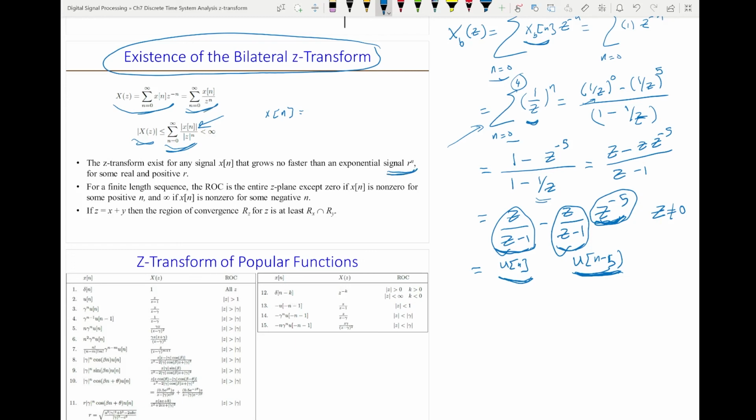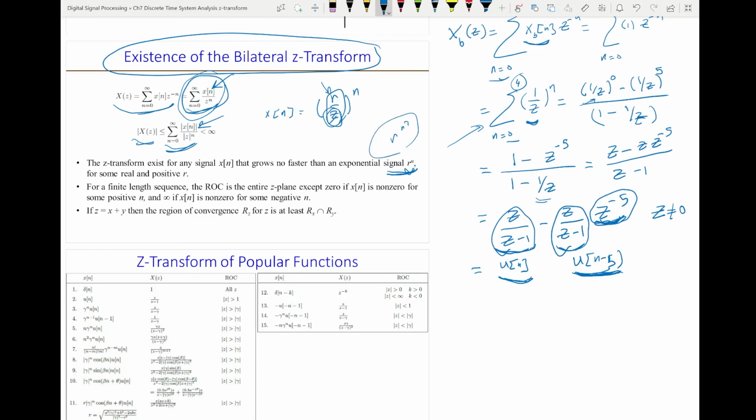Because in this definition, we will divide r by z to the power of n, and as long as z is larger than r, this summation will exist. But if x of n grows faster than this one, then no matter what z is, it can never make this less than 1. For example, r to the power of n squared. There is no Z transform for this function.